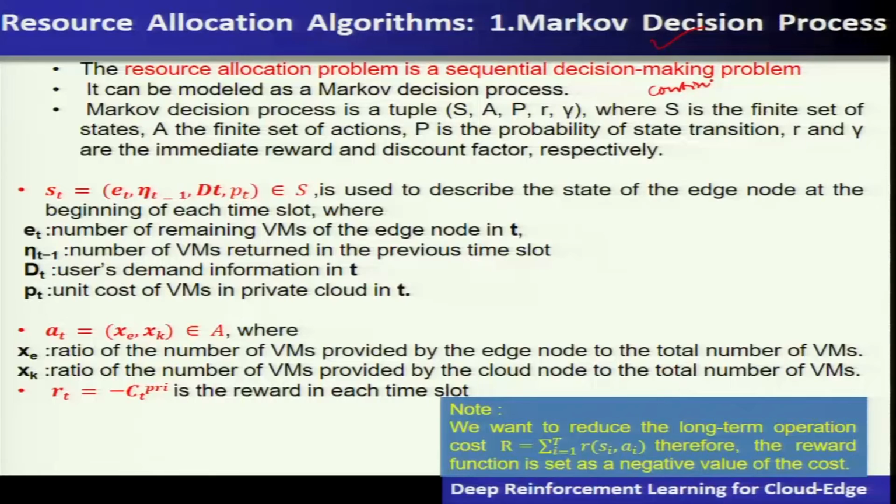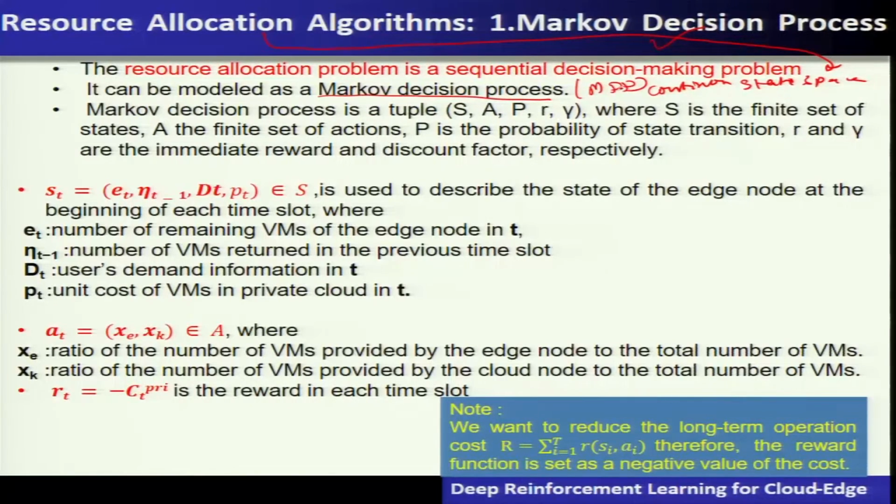So for a continuous state space, which often is to be considered in resource allocation, it can be modeled using a Markov decision process called MDP.